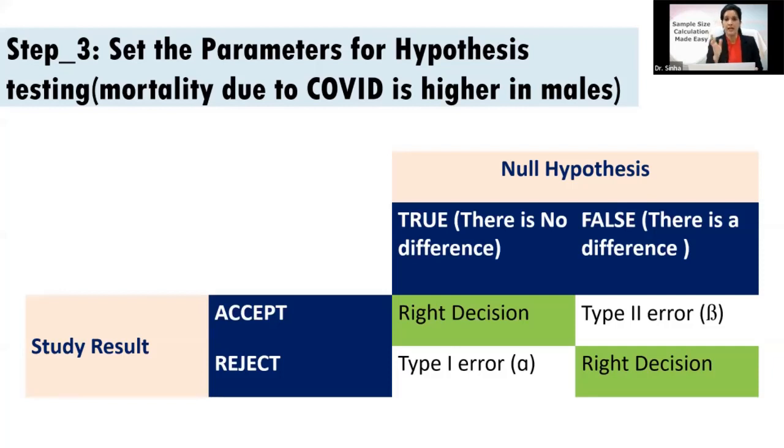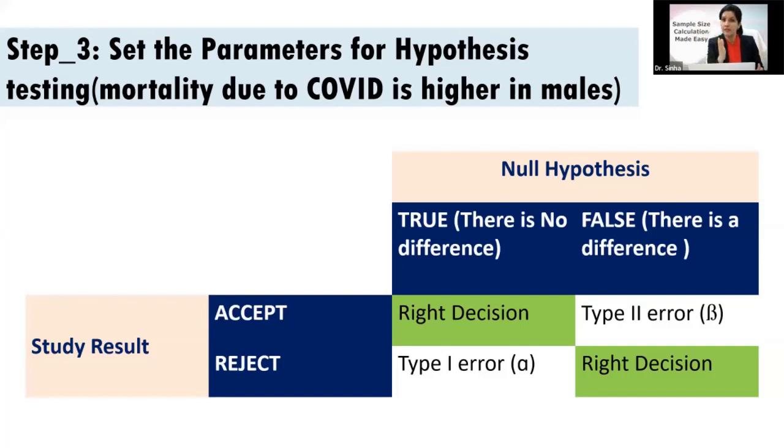That means there will be only 20% chances that I am wrong. Obviously, if there is a 10% mortality difference, that means there is a difference. But there are only 20% chances that this difference actually did not exist. So in 80% of cases, this will detect the difference.